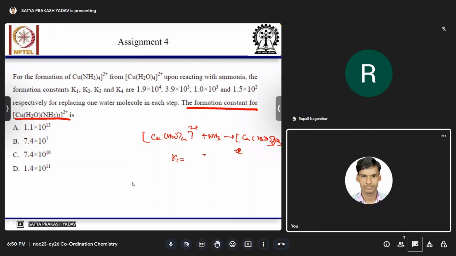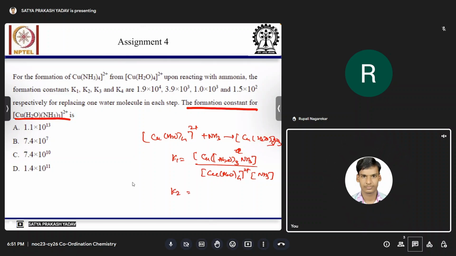So K1 is nothing but the concentration of [Cu(NH3)(H2O)3]2+ times NH3 divided by the concentration of [Cu(H2O)4]2+ plus NH3. This is K1.